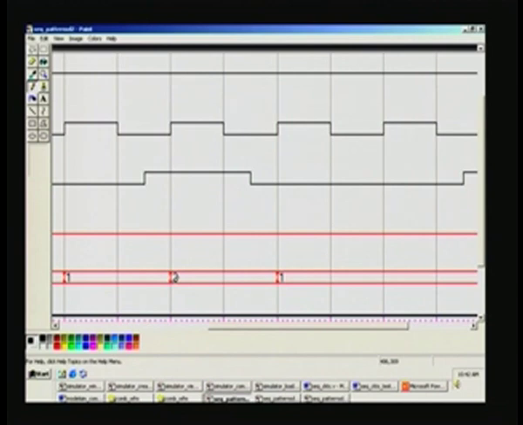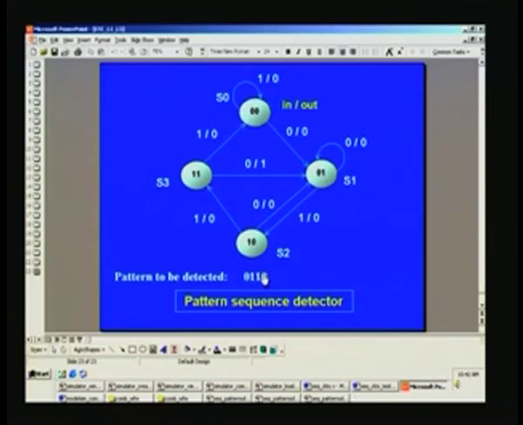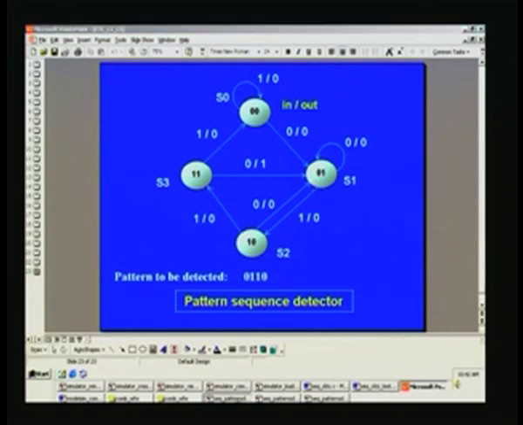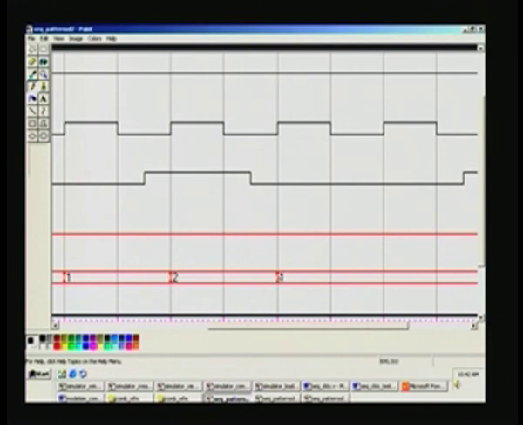And let us see that in state 2, when input is 0, it should go to S1. In state 2, if input is 1, is it 1? 0. Okay. If it is 0, then it should go to S1 state. Is it okay? Right?